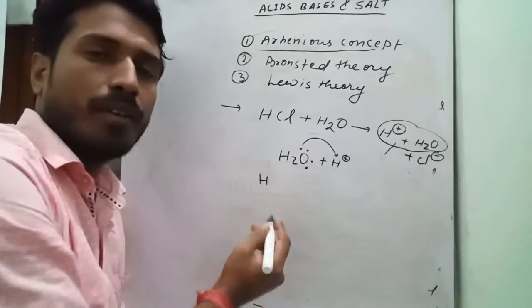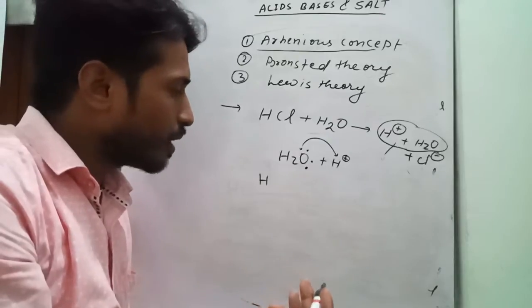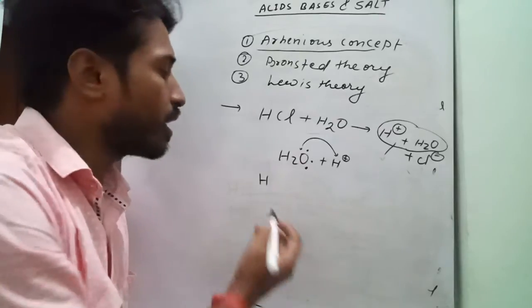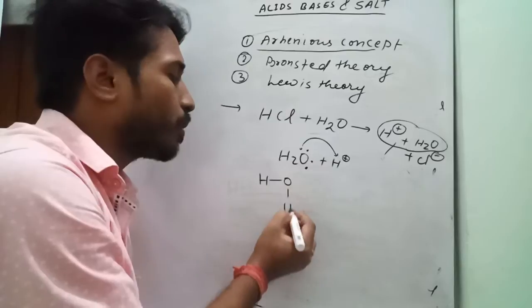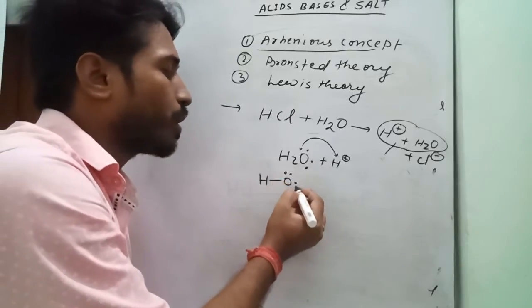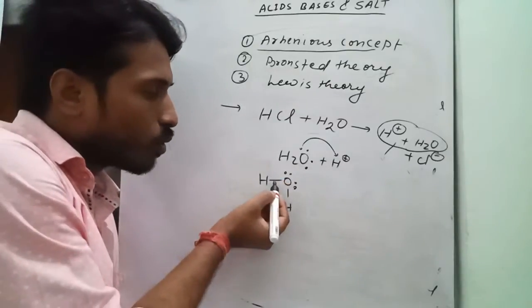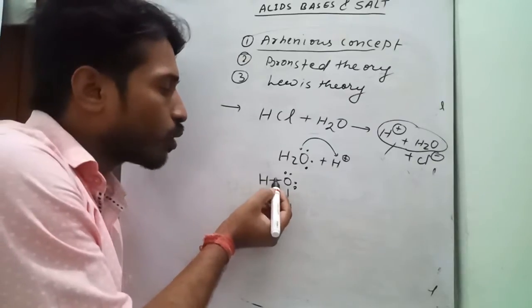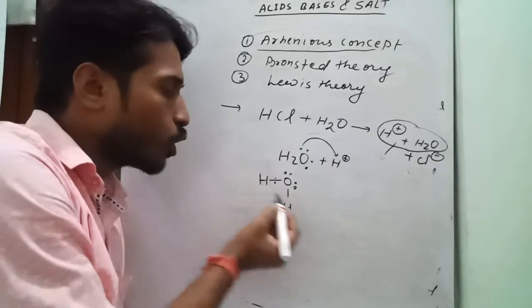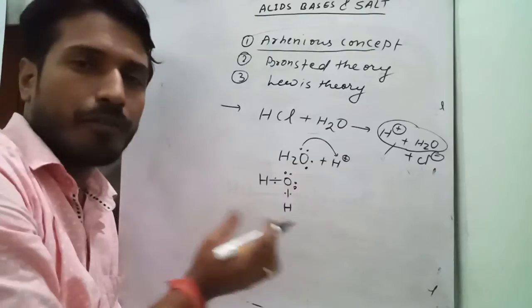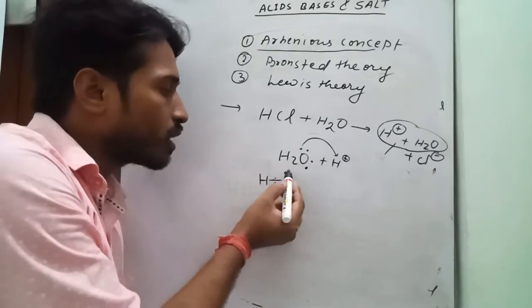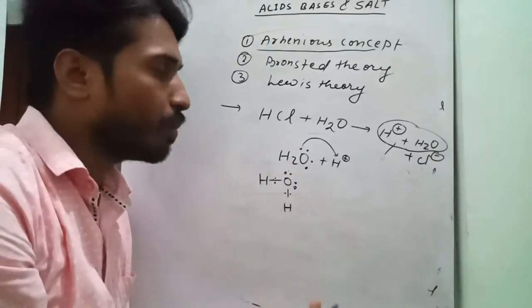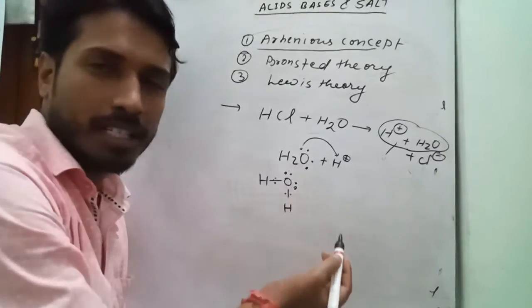For a particular molecule, simply count the number of electrons, bonded as well as lone pair of electrons. In one bond we count 2 electrons. If we count 2, 4, 6, 8, that means it has a complete octet. Now it can donate its electron pair.